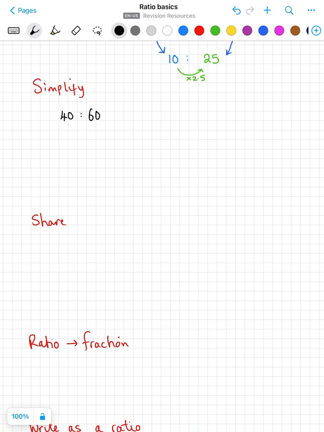We can see they both end in a 0, so we can divide them both by 10, which gives us a 4:6 ratio, which we can then divide by 2 to give a 2:3 ratio. So yes, we can divide our ratios down, and whatever you're doing to one side, you're also doing to the other.